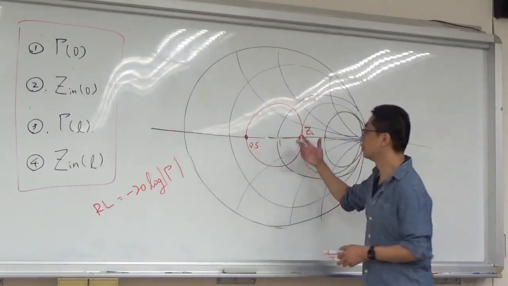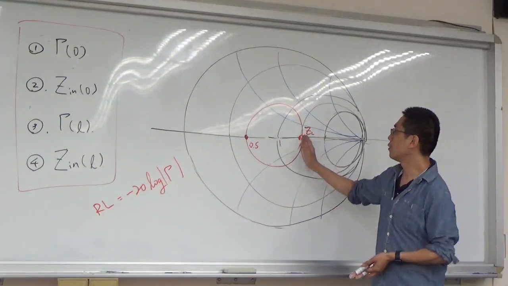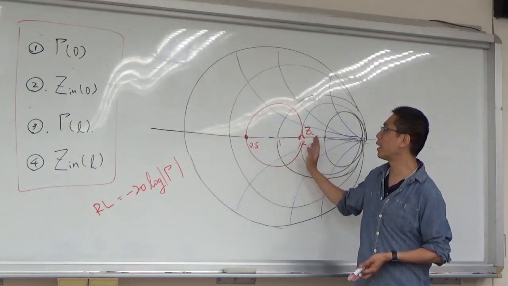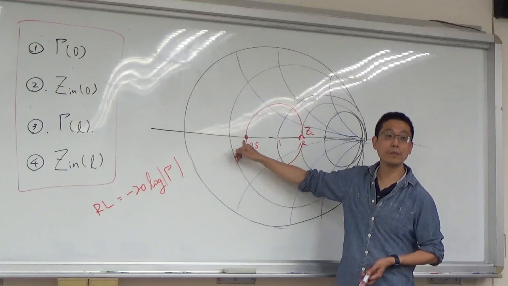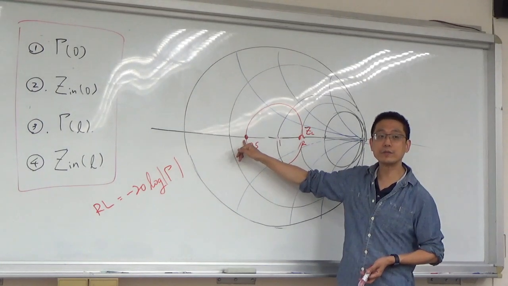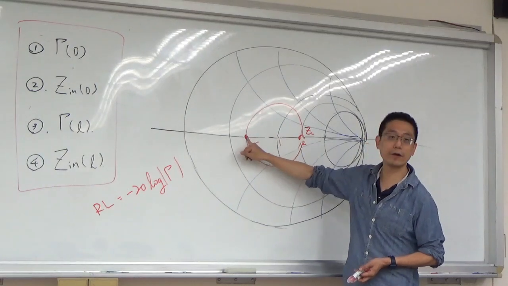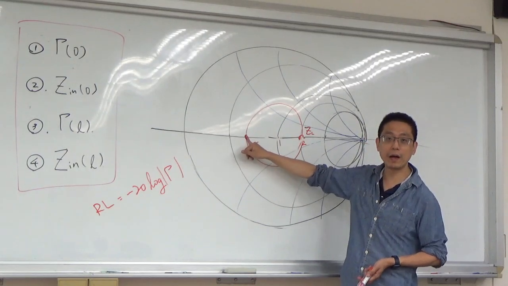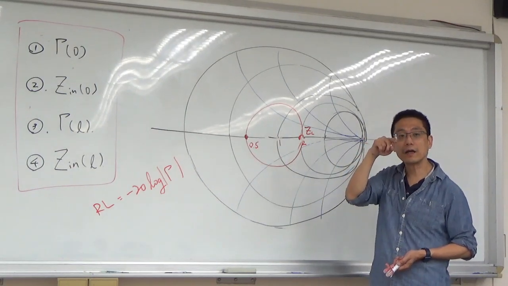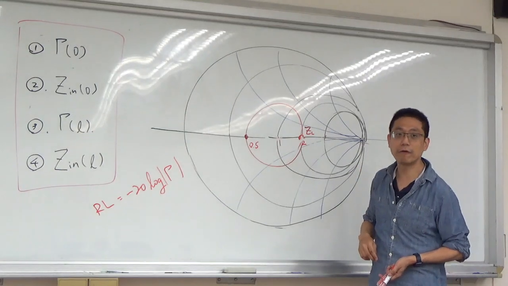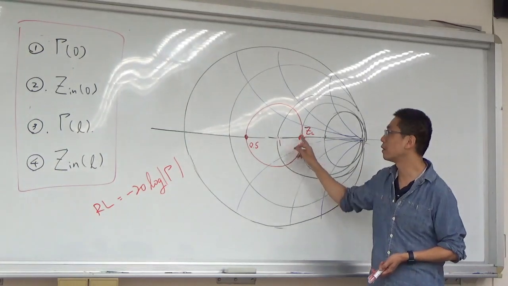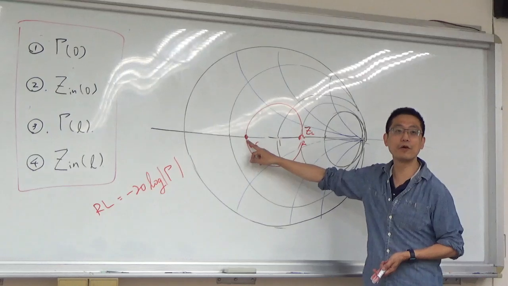So how to do the calculation? If you want to find out what is the input impedance for the quarter transmission line, you find this point, right? But how about if the theta is 40 degrees? It is not 0.25.